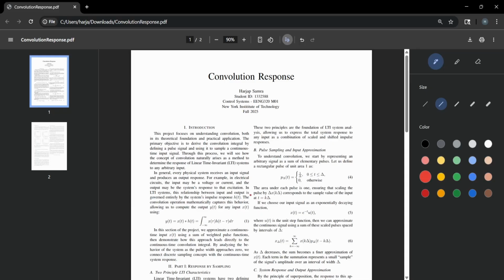To understand where convolution comes from, we must think about how we can approximate an input signal x of t. To begin, we can represent x of t as a sum of small rectangular pulses, where each pulse has a width of delta and a height of 1 over delta, giving each rectangle an area of 1, defined as such.